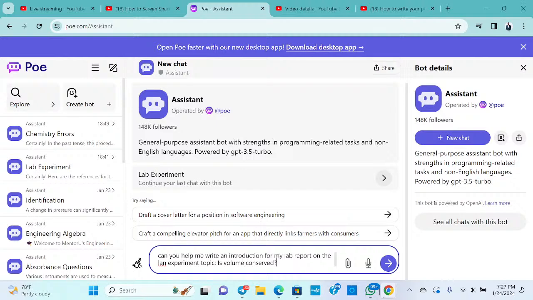You see, if you write something like this, you have not really told ChatGPT a lot, because you are saying, can you help me write an introduction for my lab report on the lab experiment topic is volume conserved.